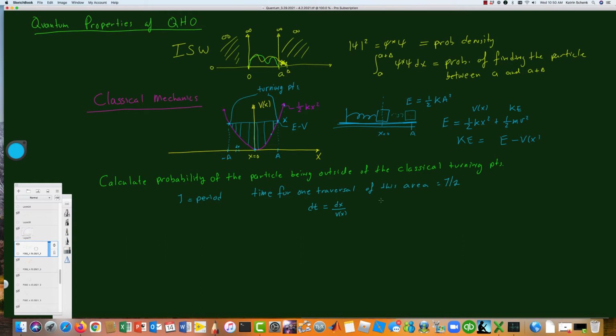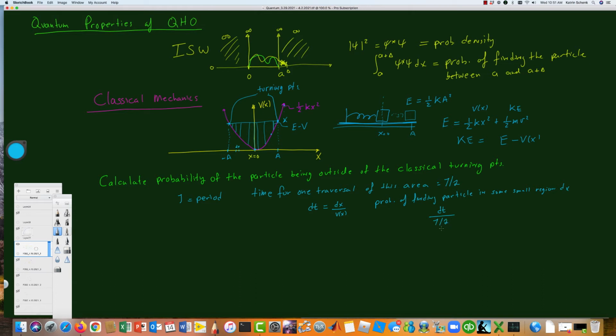Okay, so let's say that probability. So the probability of finding the particle in some small region dx is just going to be how long it takes to traverse that small region, dt, over the total time of one traversal, tau over 2.